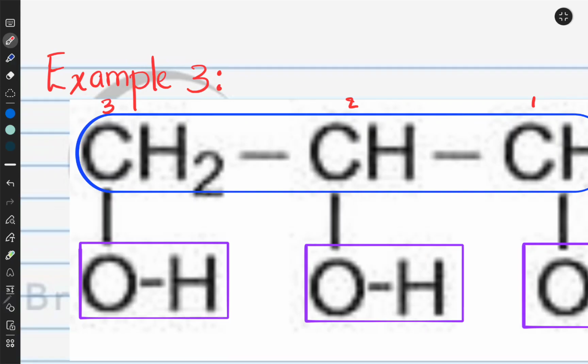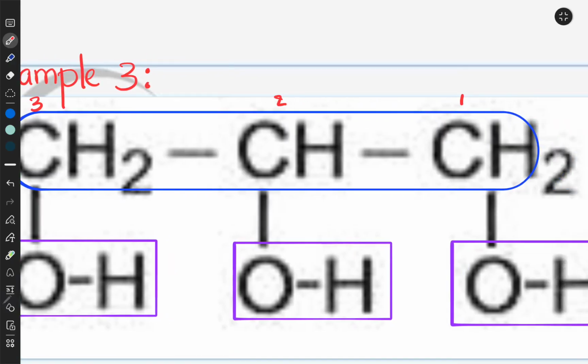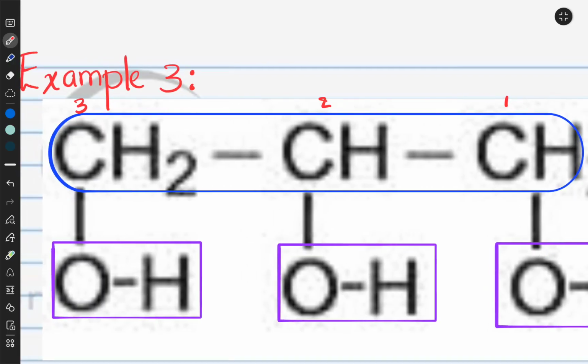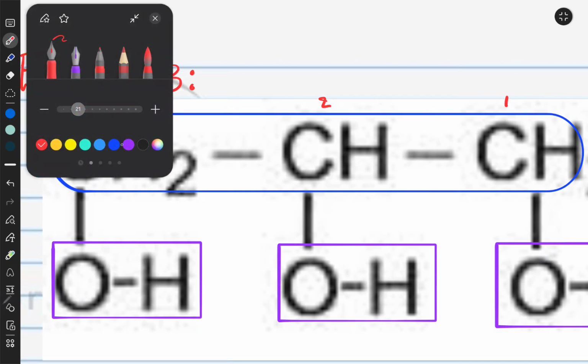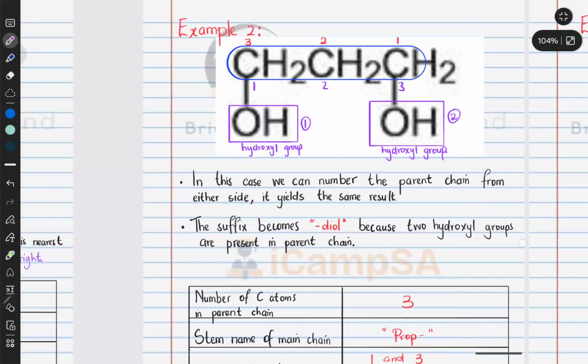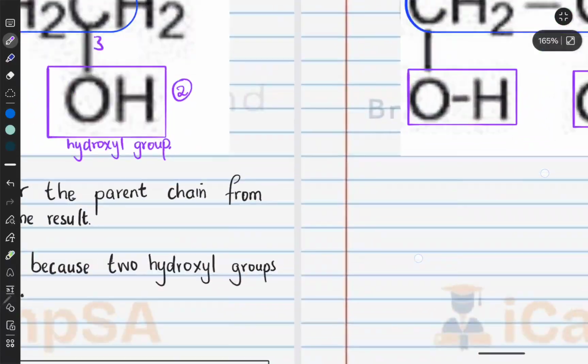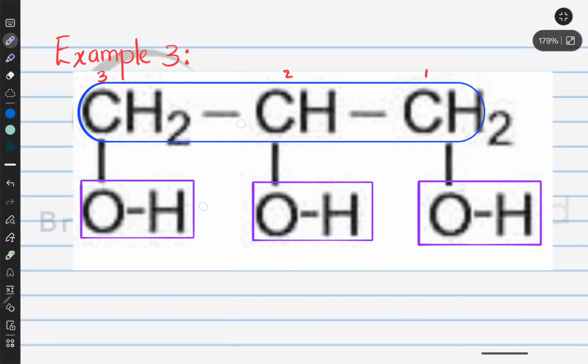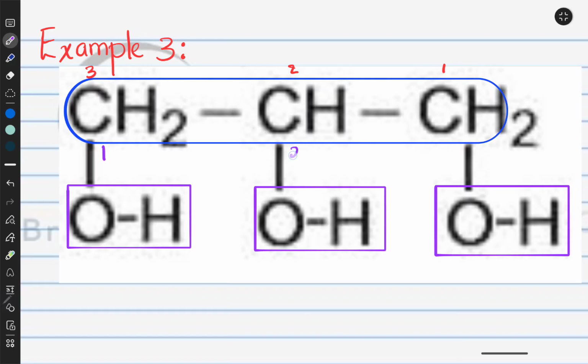So the first hydroxyl group is in the first carbon atom, the second hydroxyl group is in the second carbon atom, and the third hydroxyl group is in the third carbon atom. Now if we do it the other way around, where you start numbering from left to right, you get the same thing again. So it doesn't really matter which side you start numbering from here.